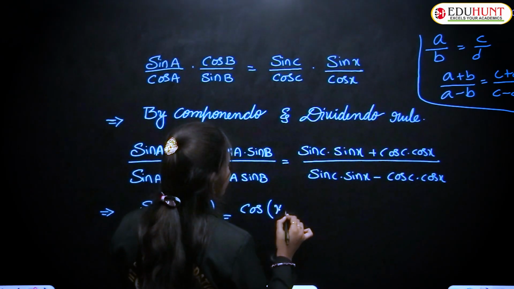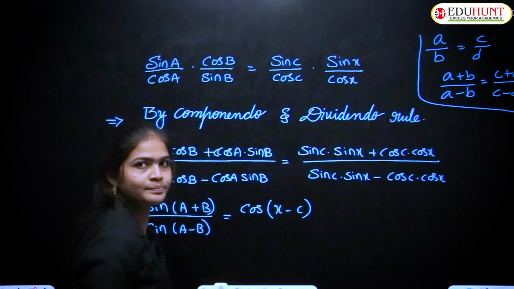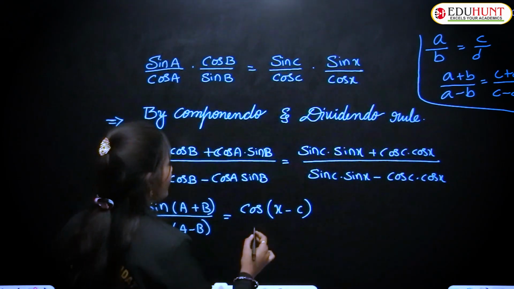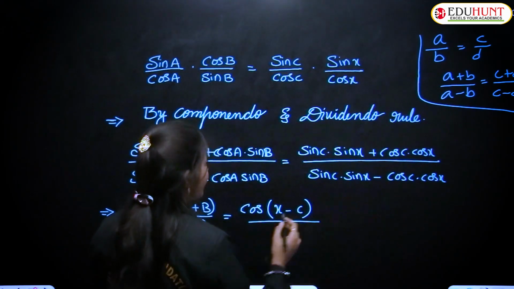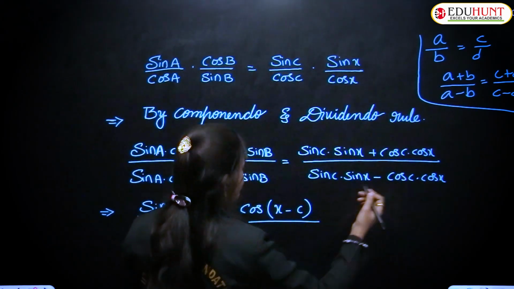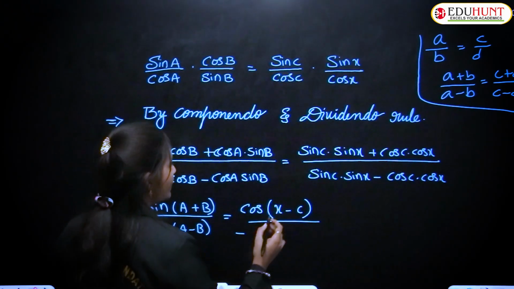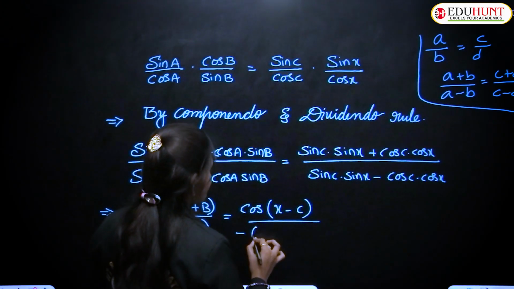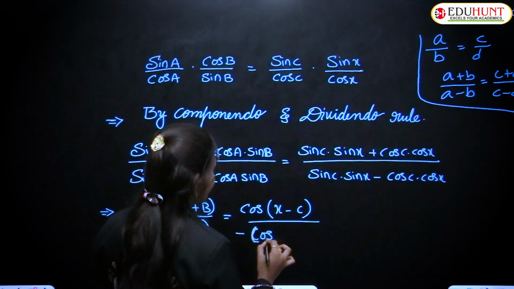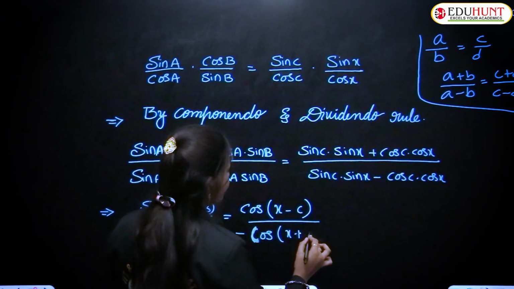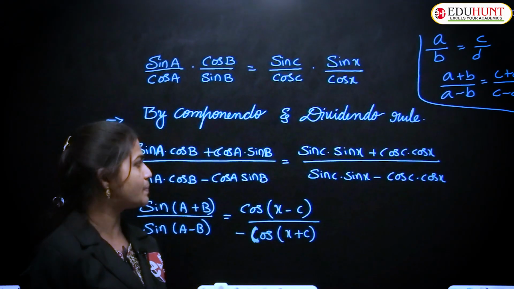So we can write this one as cos of x minus C or C minus x, whole by, here this one we can write as cos A cos B. Here we can take that minus as common. So we can write this one as cos of x plus C with a minus sign. Why?